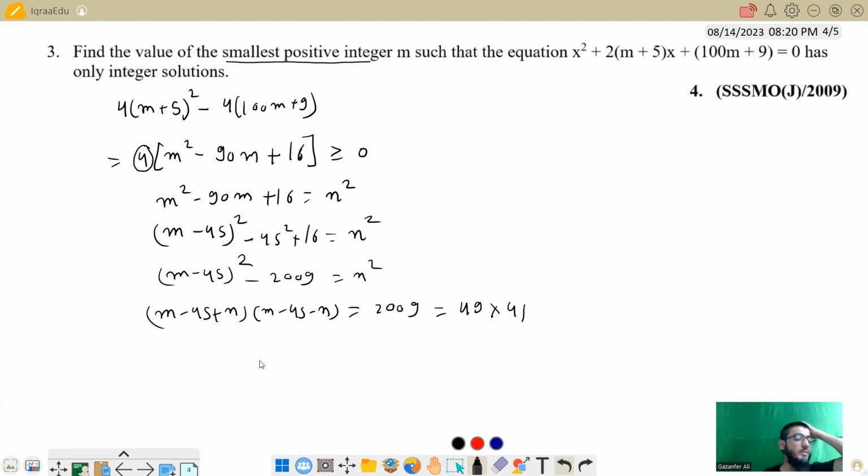So there are multiple solutions now. You can take m minus 45 minus n is equal to 1 and m minus 45 plus n is equal to 2009, and you can find out all the possible values of m.